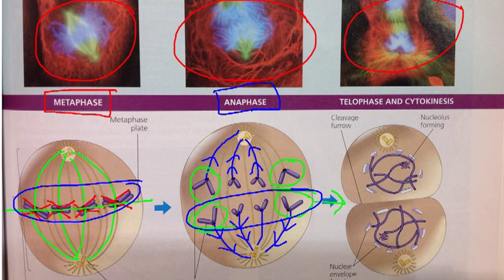It's beginning to relax and organize itself the way it looked back in interphase. And you'll also notice that the nuclear envelope is beginning to reform. It's making itself at home, if you will.